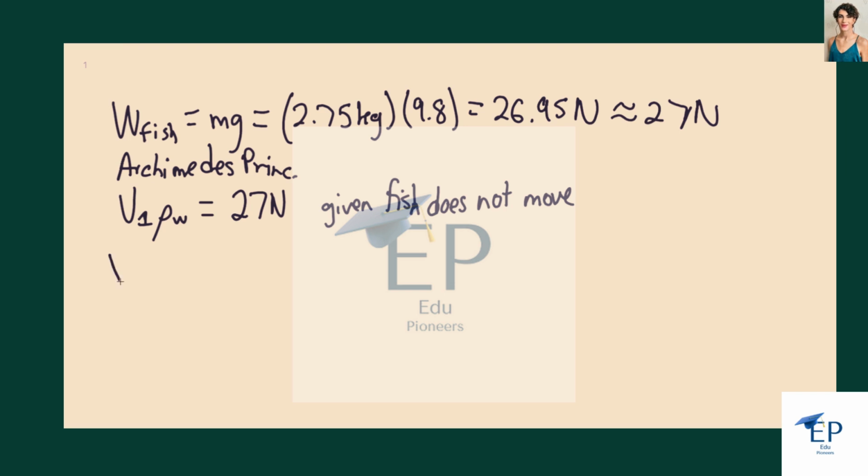So we can define a volume increase of v sub 2, which is equal to the initial volume of the fish plus 0.1 v1, because the fish is increasing its volume by 10%. So the new volume would simply be v2 equals v sub 1 plus 0.1 v1.